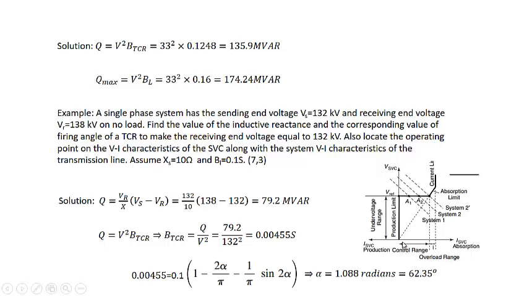Since we know this is alpha equal to 0, this is alpha equal to 90 degrees, equal intervals are made. This is 30 degrees, this is 60 degrees, this is 90. That means the operating point will be roughly over here at this point. So you need to be very careful about identifying the operating point.